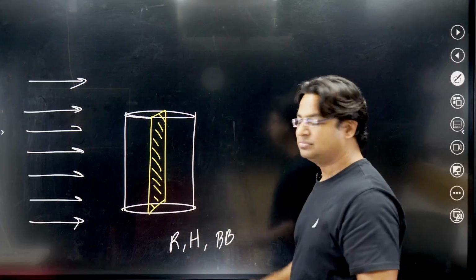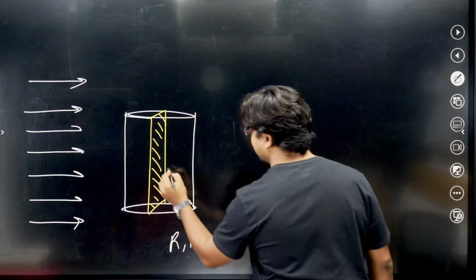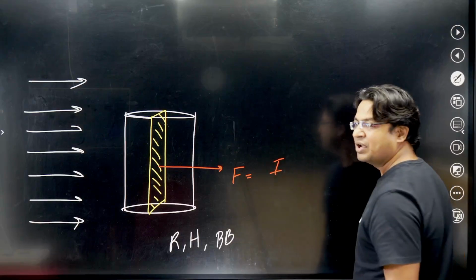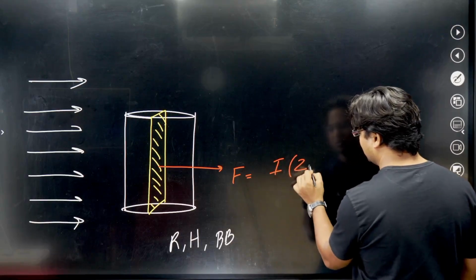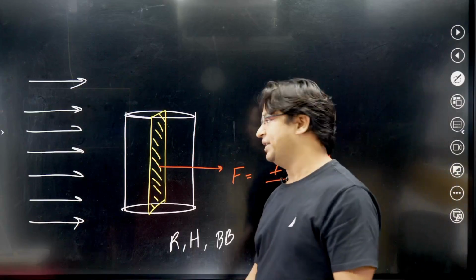Coming back to the value of force, how much force is acting? The force is intensity multiplied by area, so I into 2rh by c. This much force is acting on the cylinder.